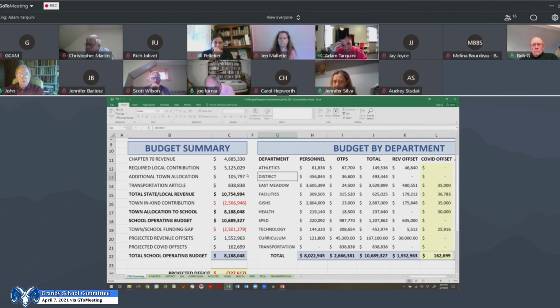Those two amounts together give us our minimum net school spending requirement for FY22. The next line, the additional town allocation. Now this is that original $305,797 that was passed years ago. Based on some preliminary information from the town, it was going to be reduced another $100,000 this year down to $105,797.